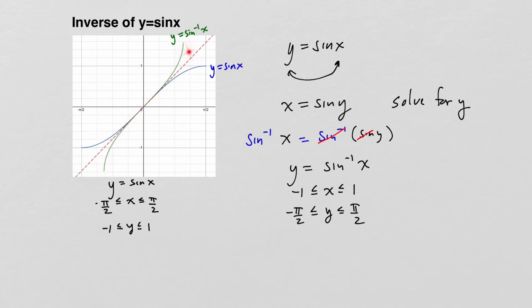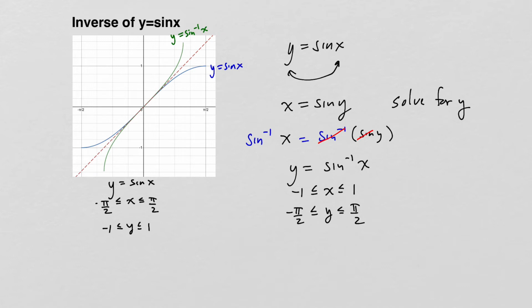And you can see that you have that symmetry across the line y equals x. And for the inverse graph, you can see the range is all the values between pi over 2 and negative pi over 2. And the domain is all the values between 1 and negative 1.